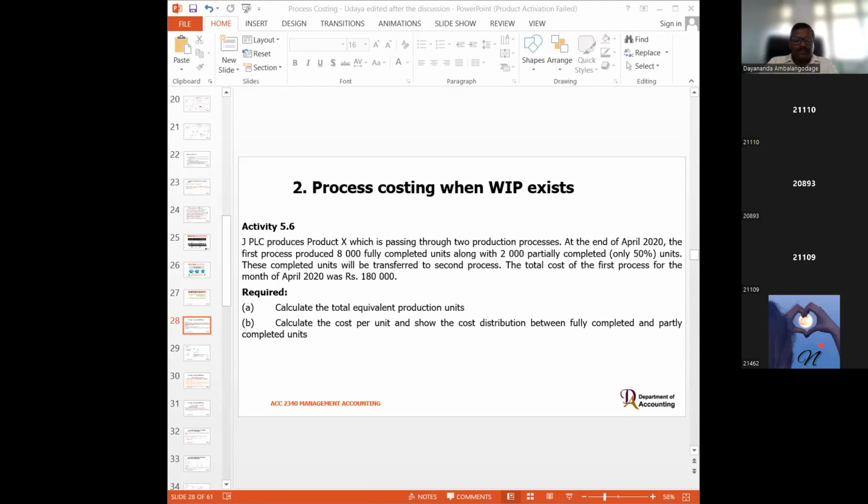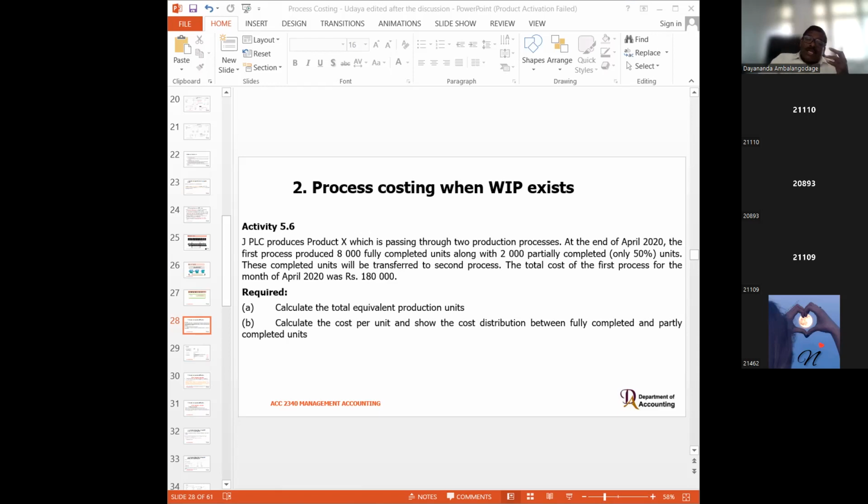2,000. Okay. Now you can't say from a resource consumption perspective, I'm just adding these 2 items for convenience, you can't say it is a total of 10,000 units.